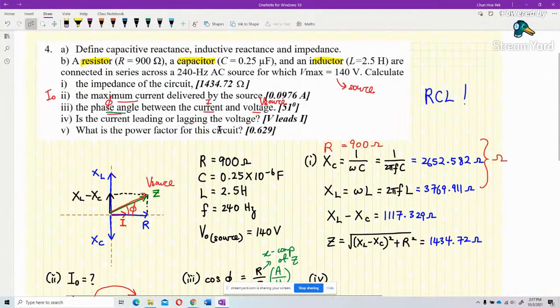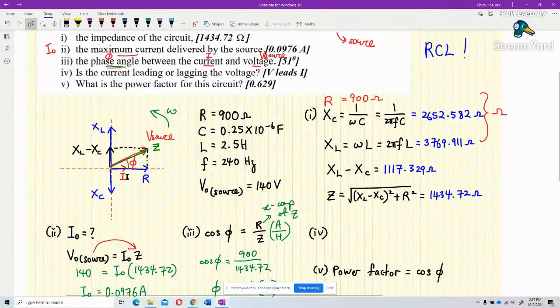Next, is the current leading or lagging the voltage? Obvious already. Once you have the diagram, it's easy to see. Is V source leading the current? It is, because the rotation is anti-clockwise, so V source is in front of current.